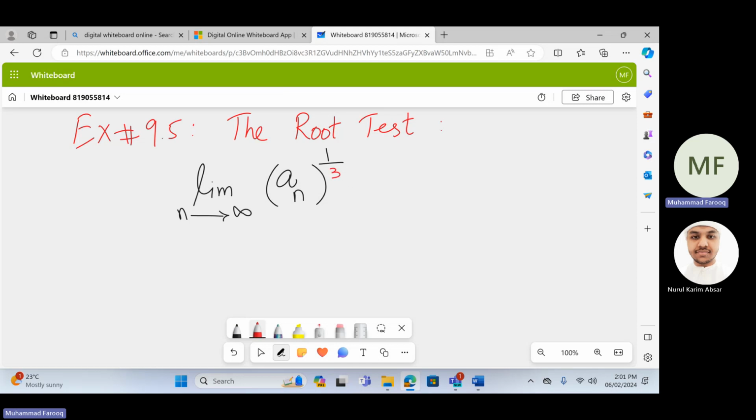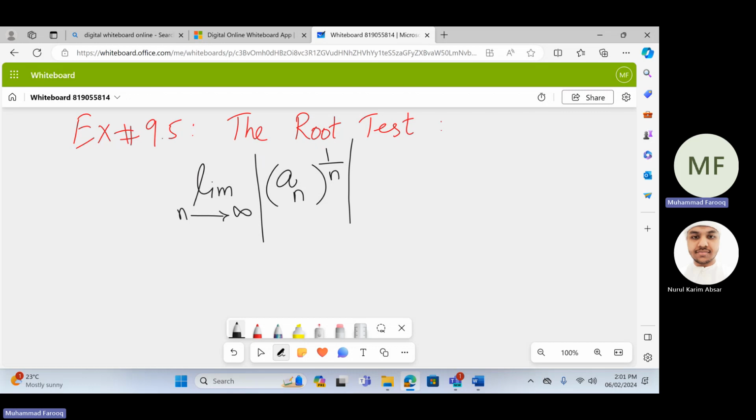If it is 3, it is the cubic root, the third root. If it is 5, it is the fifth root. And we calculate the absolute value. So basically, we have to calculate the nth root of the expression. Clear? This is the calculation of the root.